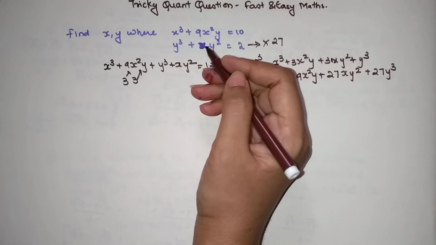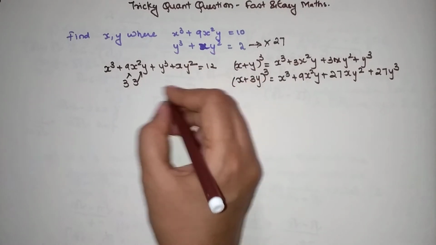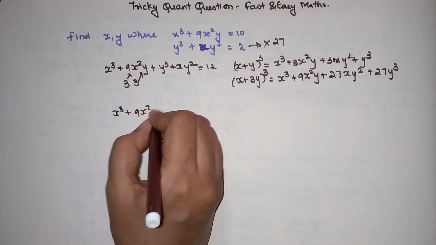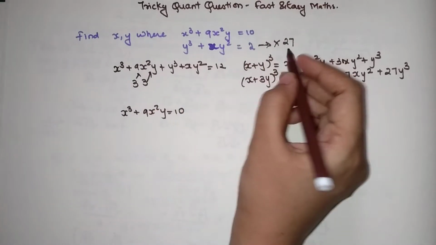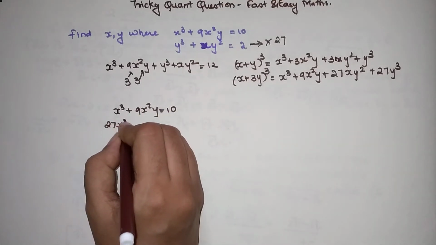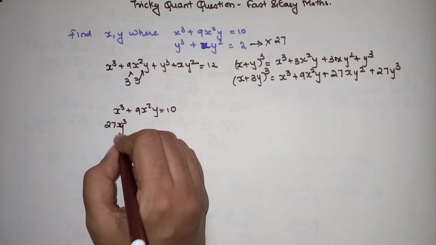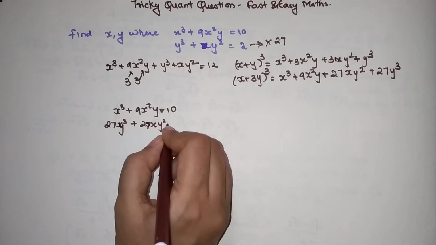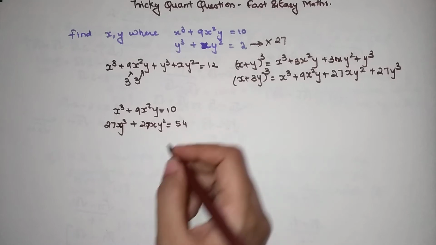So let's try multiplying that. You now have x cube plus 9x square y is equal to 10, and when you multiply 27 to the second equation, you get 27y cube plus 27xy square is equal to 54.